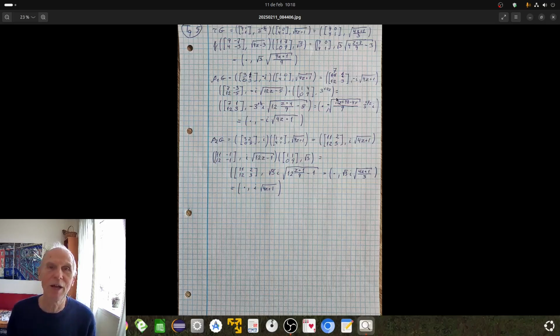That means I have verified that when n is 4 and q is 3 squared, then the Hecke operator actually maps the modular forms to a modular form.